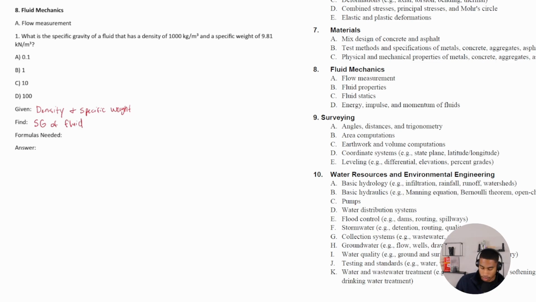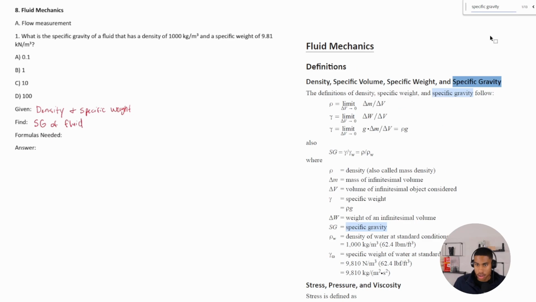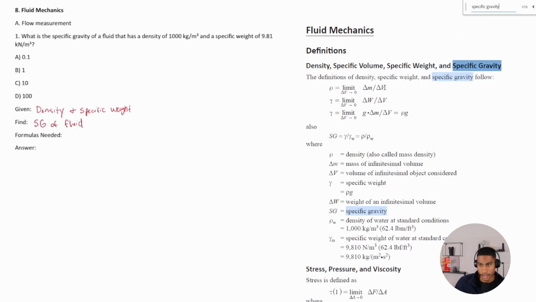All right, so what formulas do we need? Well, I'm going to do a quick search in the manual and see what comes up for a specific gravity. So 13 different things come up. So I first come into the fluid mechanics section.